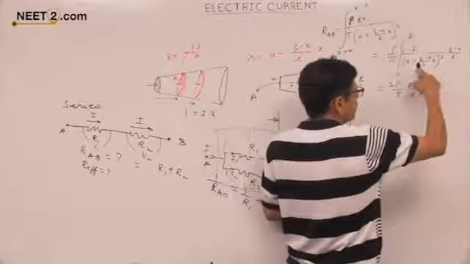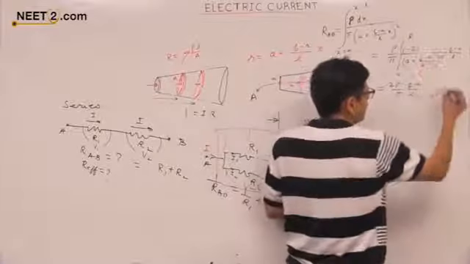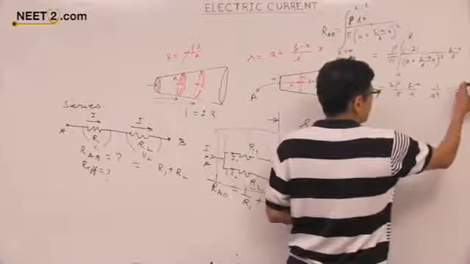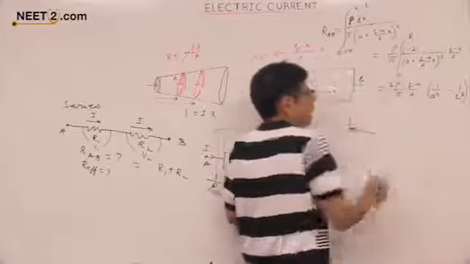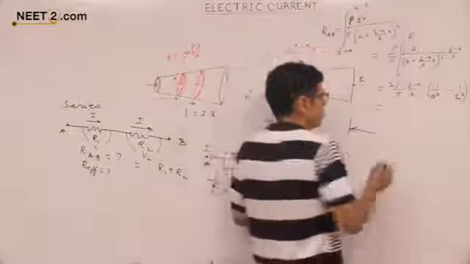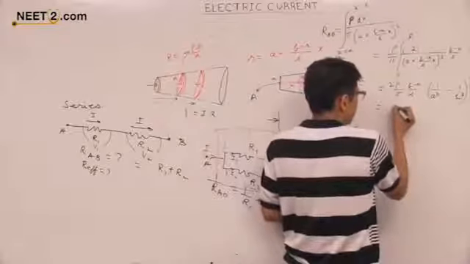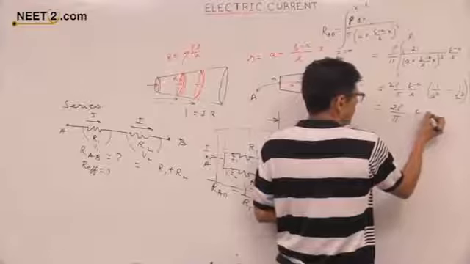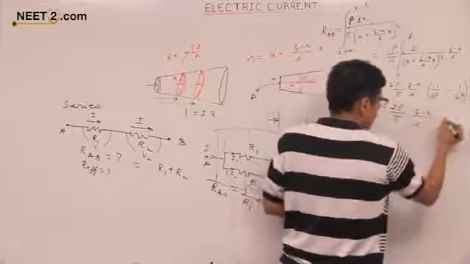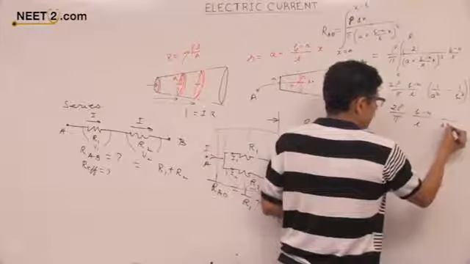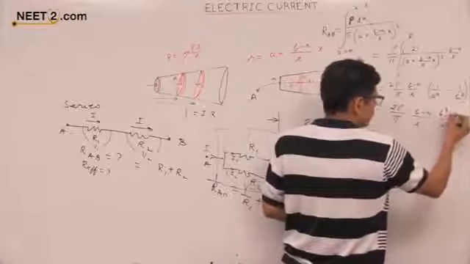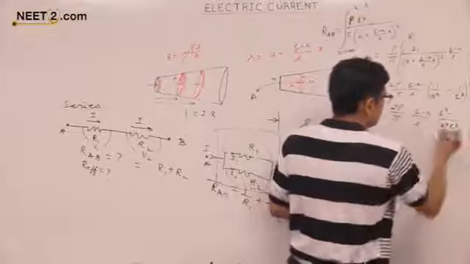So L cancels out and I get 1 upon b. I do not miss out on a little something. This can be written as 2 rho by pi, (b minus a) upon L, LCM a cube b cube, and up there we get b cube minus a cube.